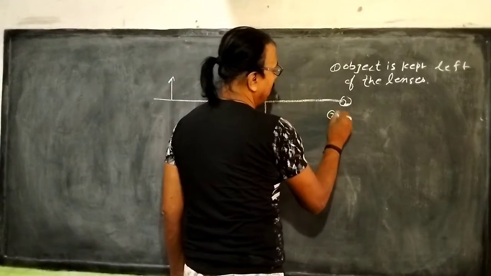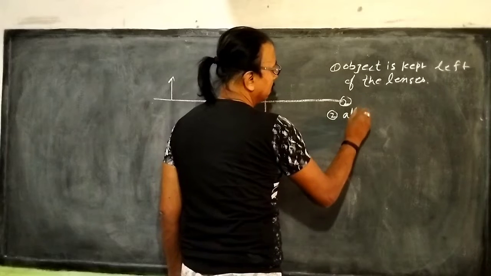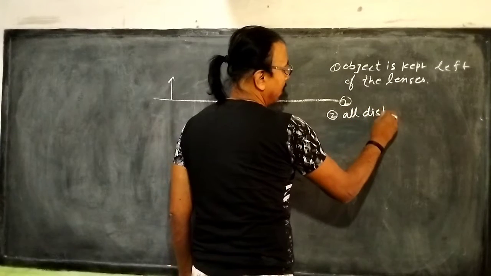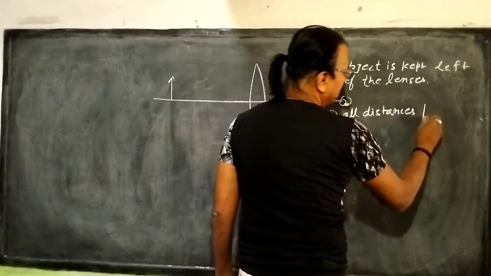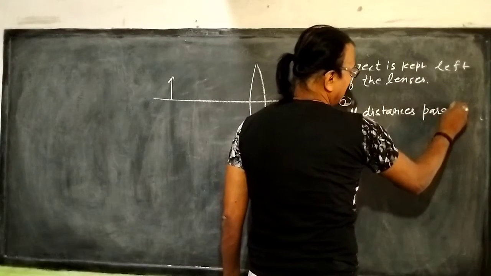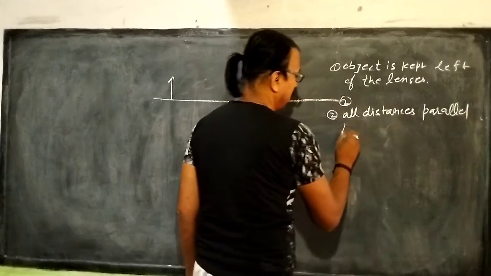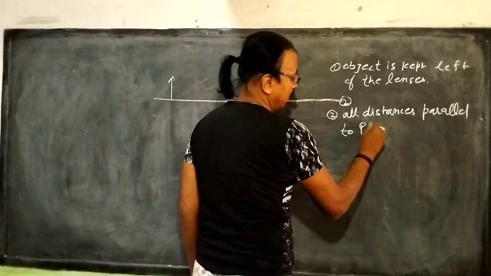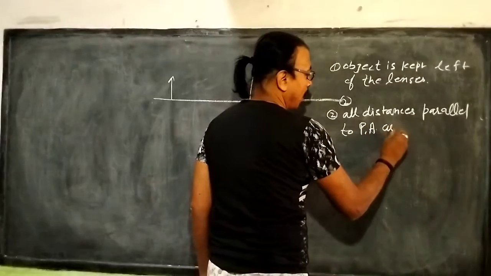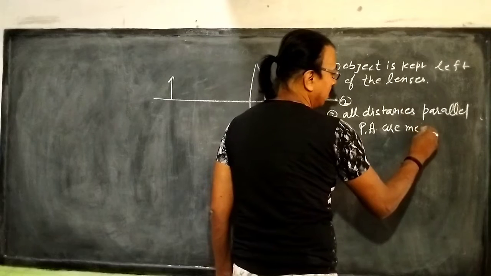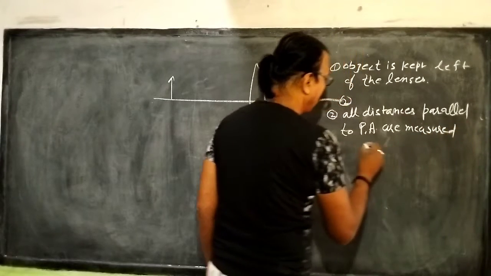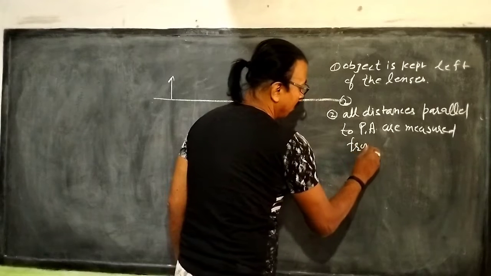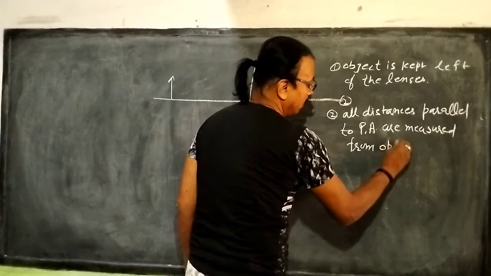Second, all distances parallel to the principal axis are measured from the optical center.